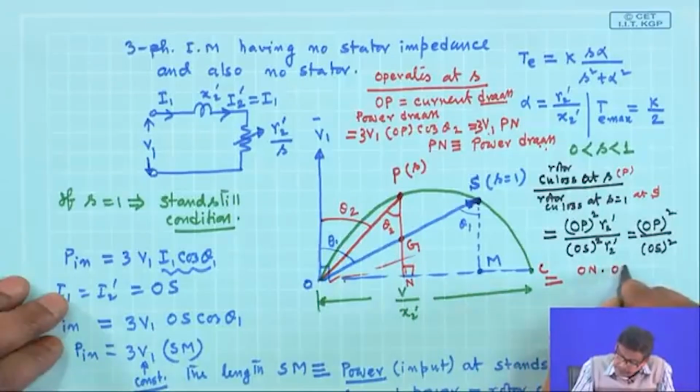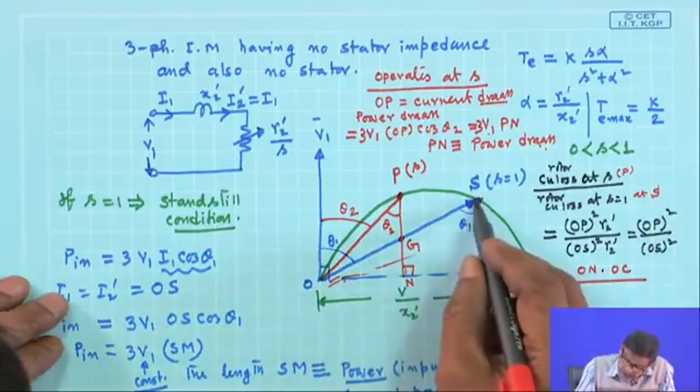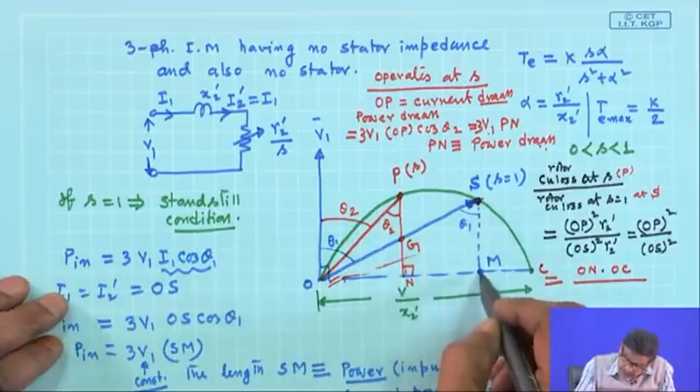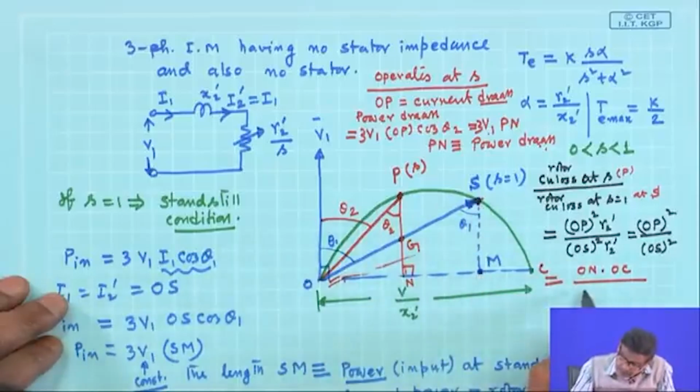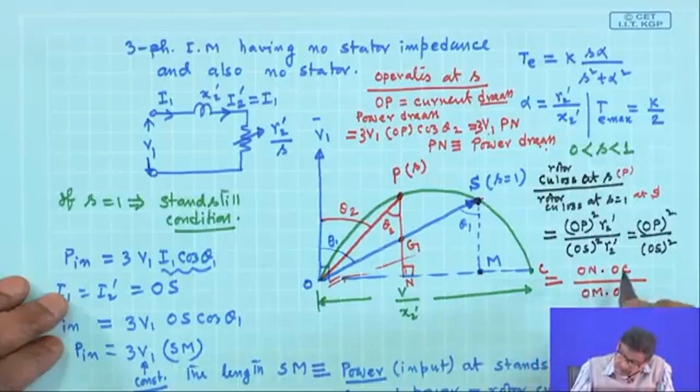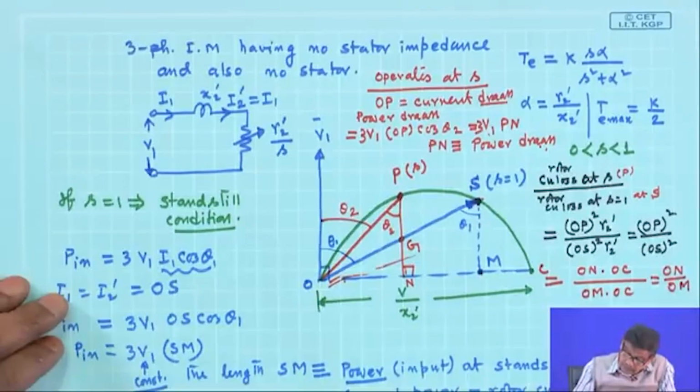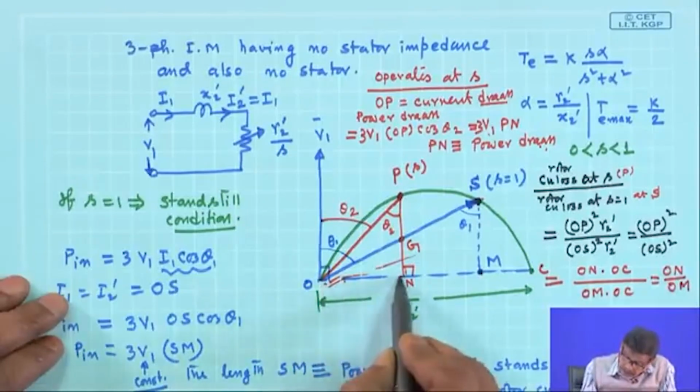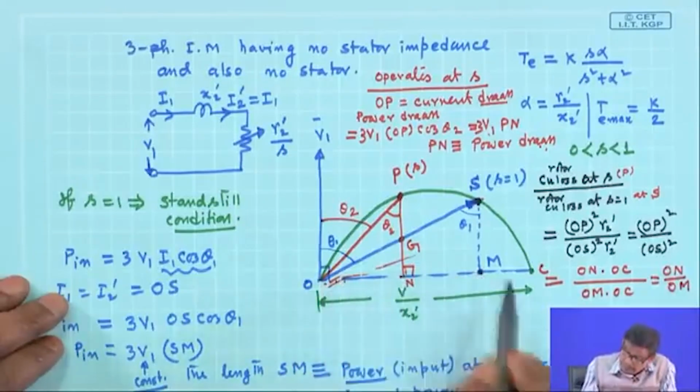Divided by similarly OA square, this is also a chord, from this I have drawn a perpendicular, it will be equal to OM into OC here. So, this ratio will be ON by OM.